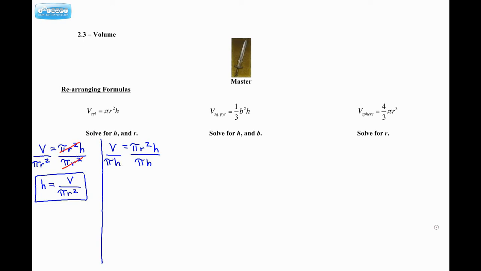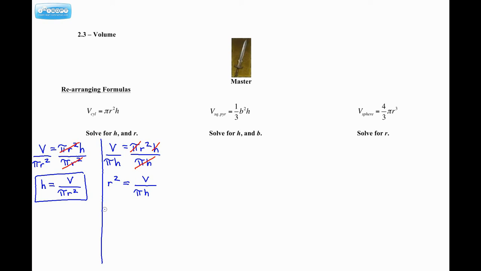Okay. So like before, we get some cancellations. So those go. But I'm not quite done, because I haven't solved for r yet. I've just solved for r squared. So the square of the radius is the volume divided by pi h.